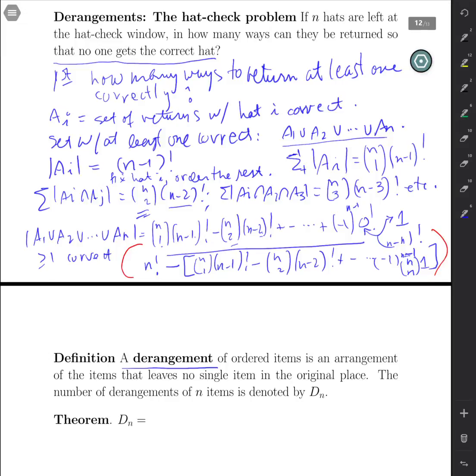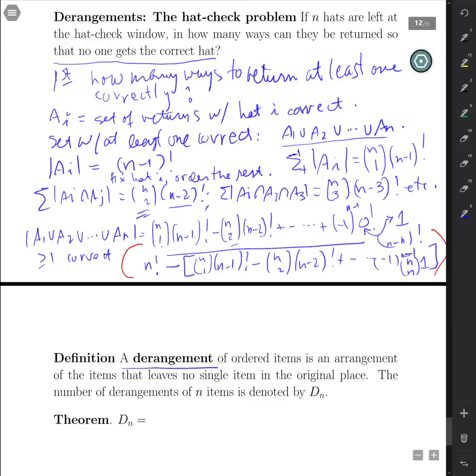So that's the number of ways to return the hats so that no one of them is in the correct order, because I took the total arrangements n factorial and subtracted from them the number with one or more in order.